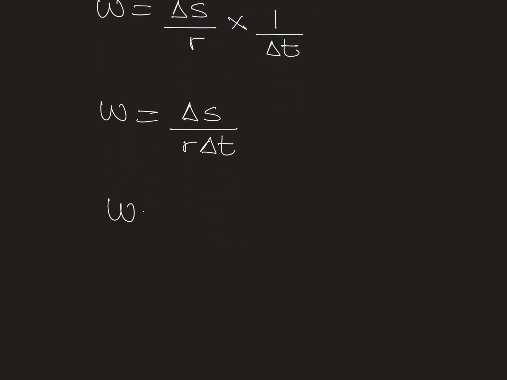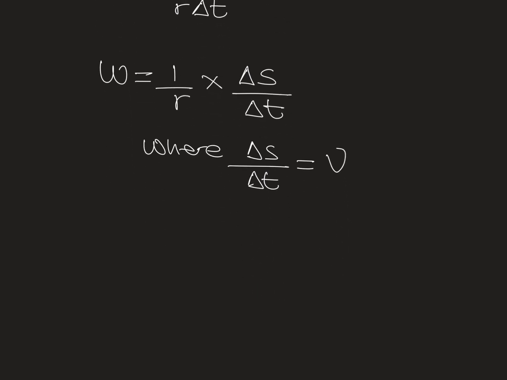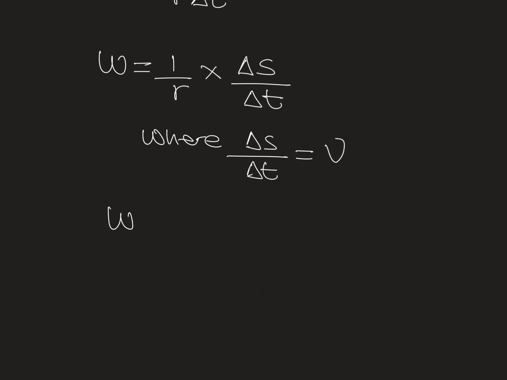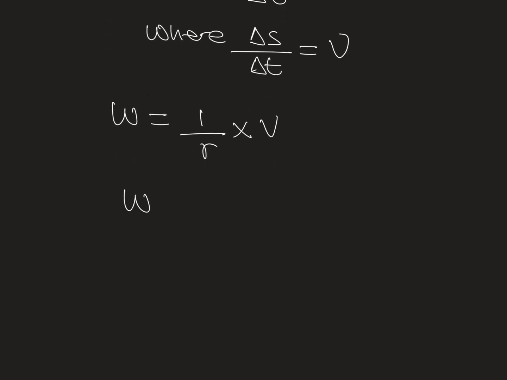We can divide this as 1 all over r times delta s all over delta t, where delta s all over delta t is equal to the velocity v. So therefore, omega is equal to 1 all over r times v. So omega is equal to v all over r.